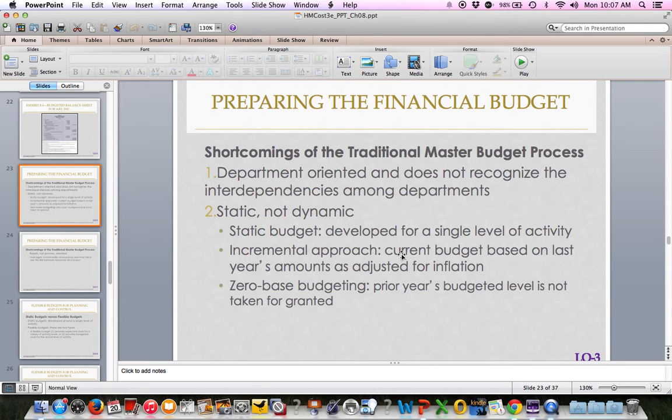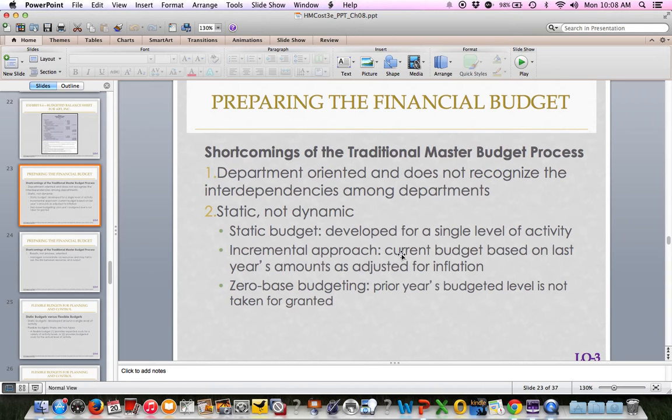What does my department need for the next year? And so you don't necessarily look at other departments. You kind of focus on you, and you don't focus on the relationships between your department and everybody else in the company. And so that's kind of a downside of it. And the only way to really overcome that is communication, budget meetings, discussions, sharing of strategic plans, things like that.